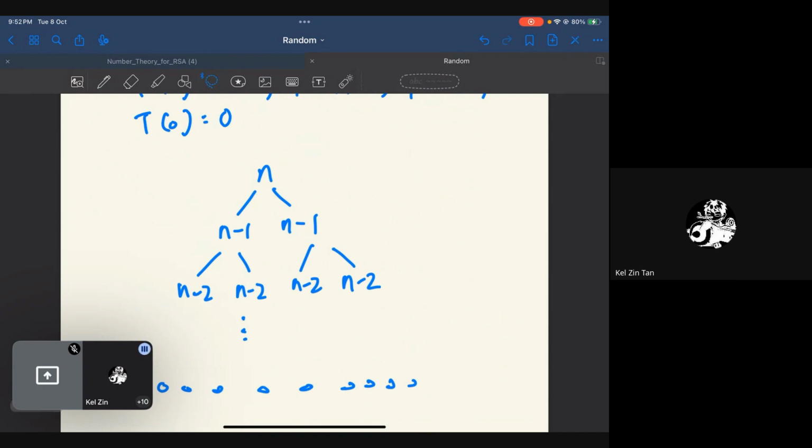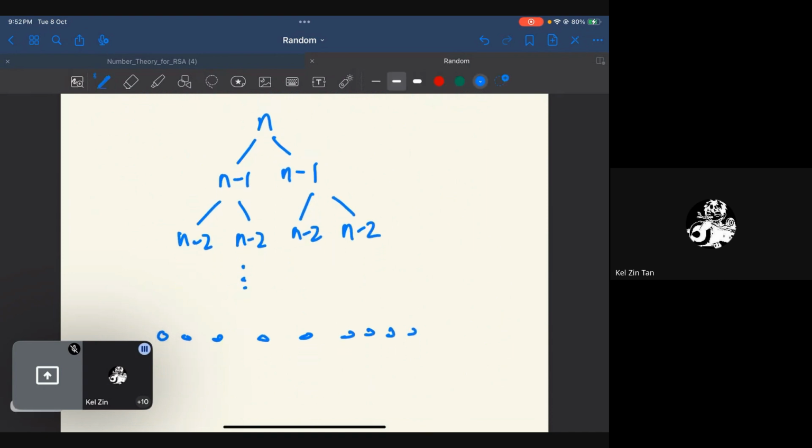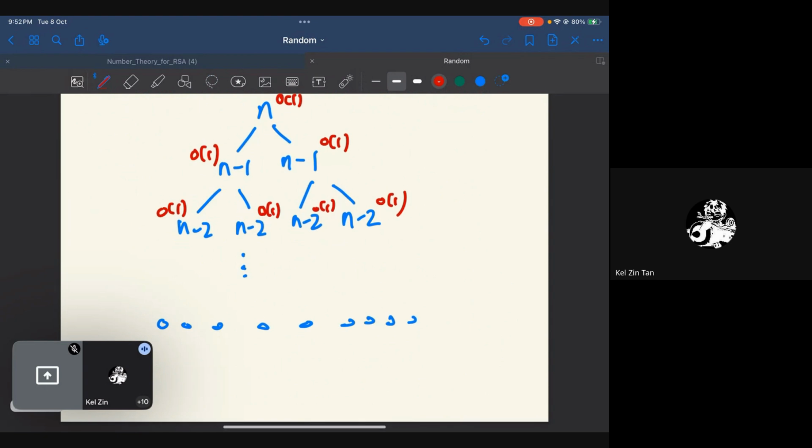Basically, each branch takes O(1) time. Now, the time complexity of this algorithm is the sum over all the nodes in the tree.